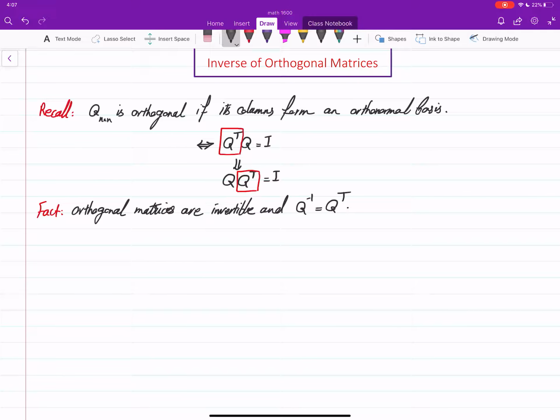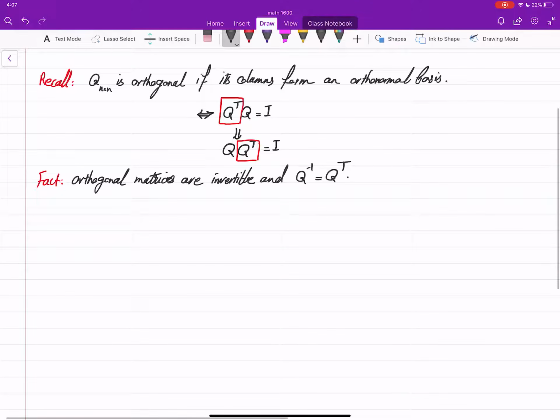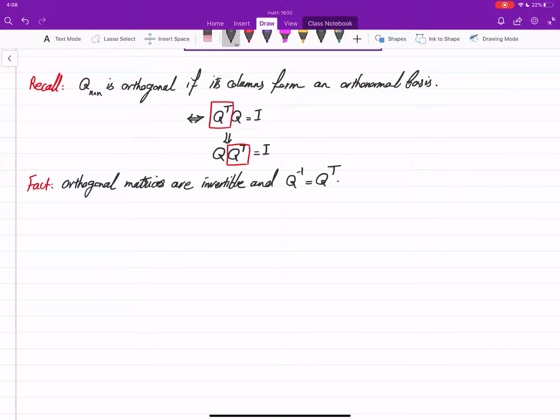Okay. But an interesting fact is you can go a little bit further. When Q is orthogonal, then you see that Q transpose Q equals identity, we just did this, implies that Q Q transpose is identity. And from this, well, you can write the first Q as Q transpose transpose. Transpose of transpose is the matrix itself.